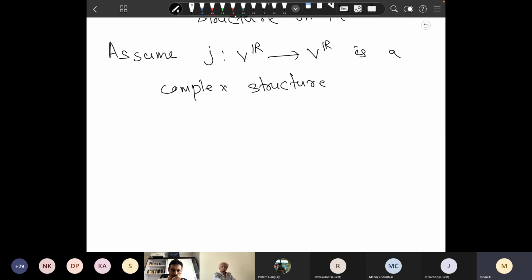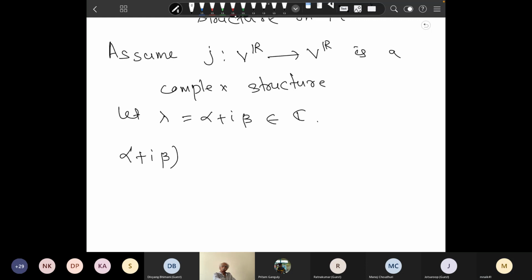We define, let lambda equal to alpha plus i beta belong to C. I define this alpha plus i beta on v belonging to V_R by alpha plus beta J applied on v.